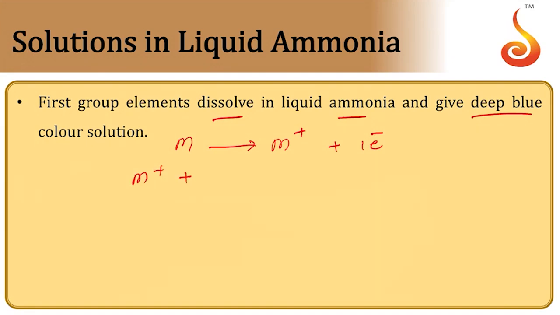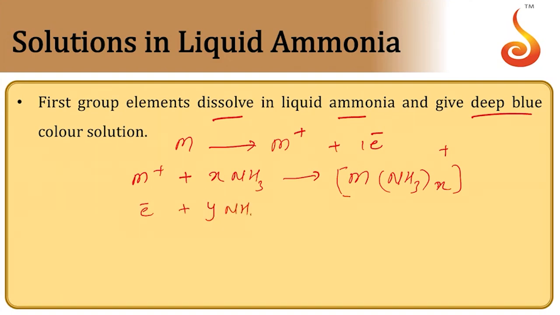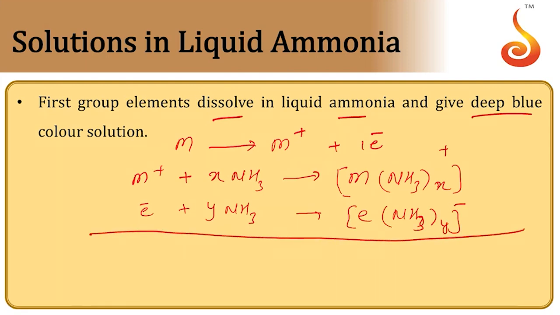The metal ions take up ammonia molecules and are surrounded by them, forming M(NH3)x, which is called the ammoniated cation. The electrons are also surrounded by ammonia molecules, written as e(NH3)y, and this is called the ammoniated electron.